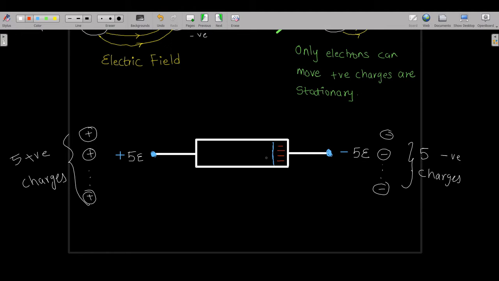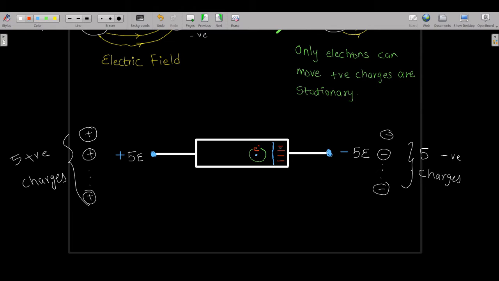Once it gets accumulated, I would like to draw an atom. Consider that this is the nucleus of the atom, and this is an electron. Now the same case will happen that I explained in my earlier lecture about the cat's fur.